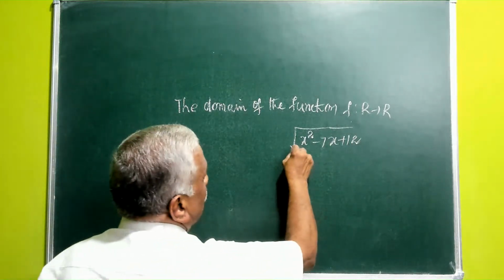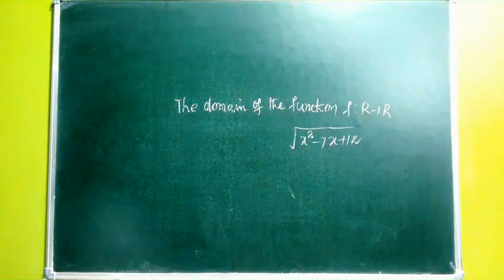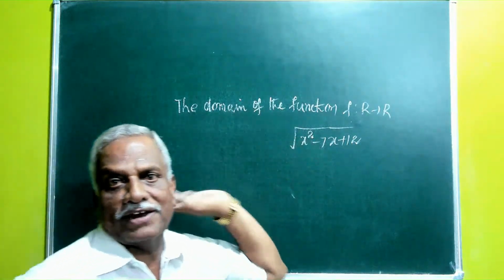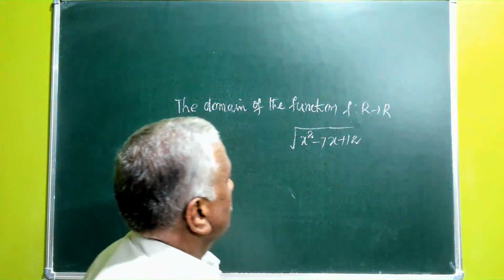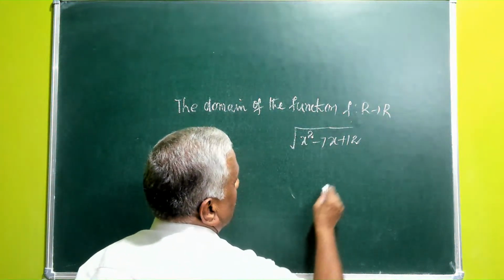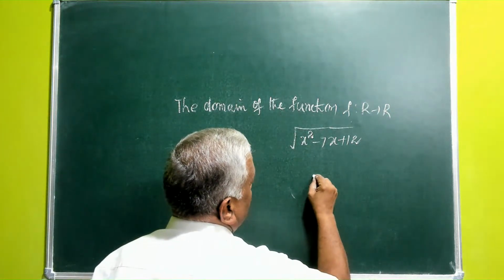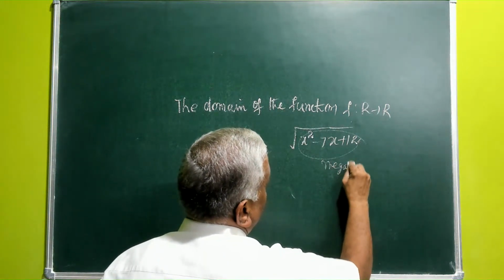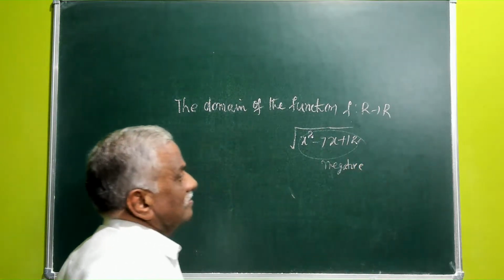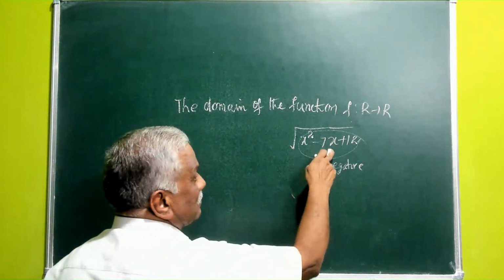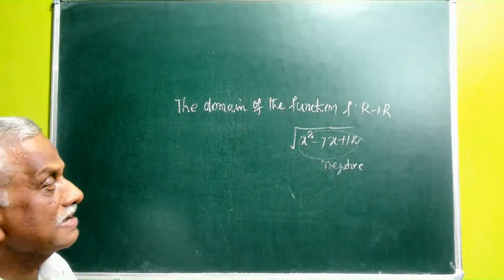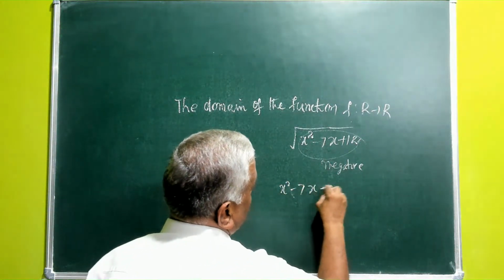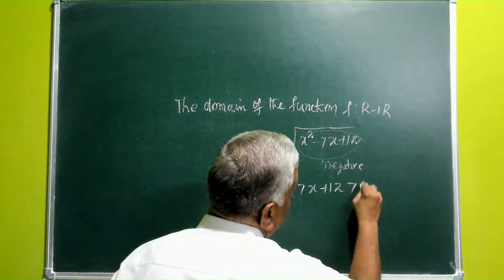See, the most important thing in domain is that whatever function is given, it must be defined. Whenever they give a root, it doesn't exist if the expression inside is negative. So if you get a negative expression inside the root, the function doesn't exist. So what you want is x square minus 7x plus 12 to be greater than or equal to 0.